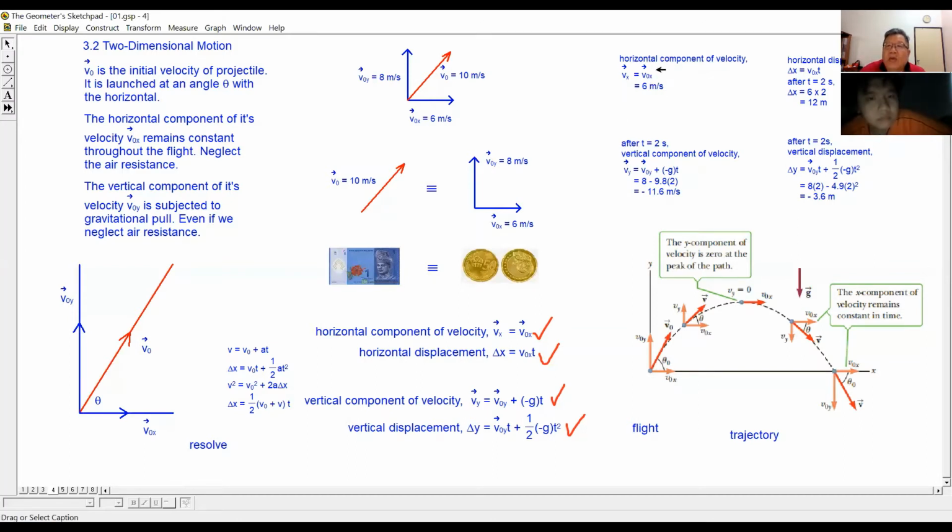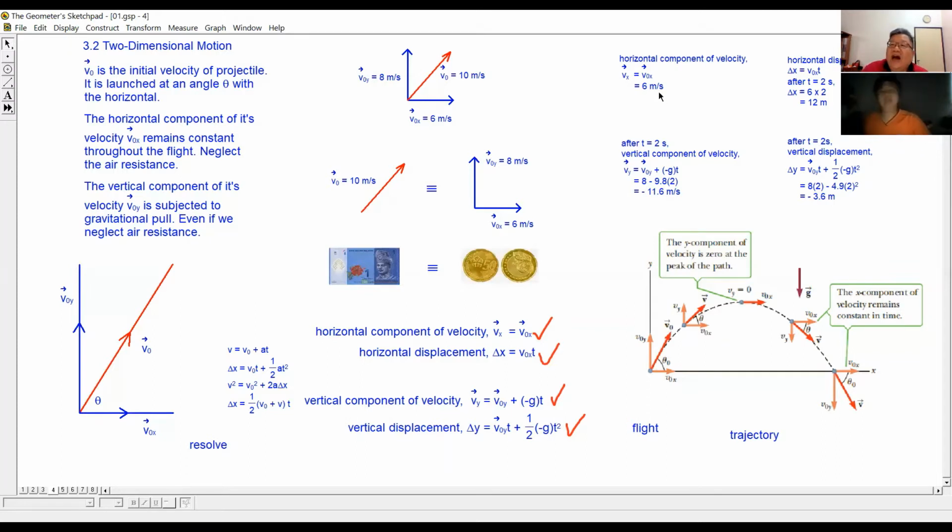This horizontal component is not affected by gravity, so it will maintain at 6 meter per second throughout the flight, throughout the journey. So in every projectile problem, the horizontal component is always the same one. You don't have to worry how to manipulate the horizontal component. It is always the same because it is not affected by gravity.